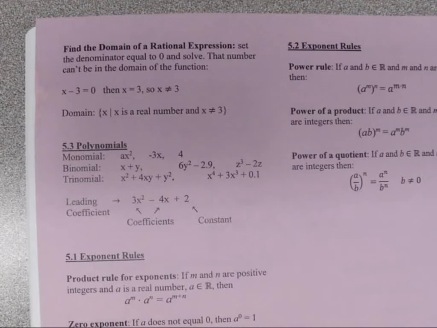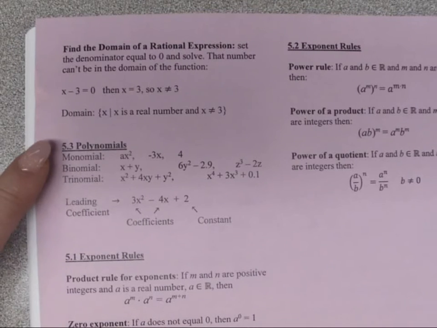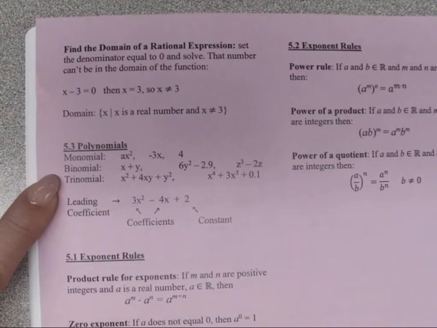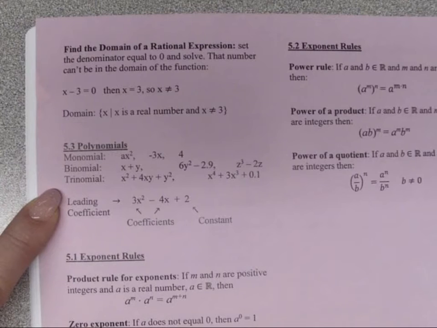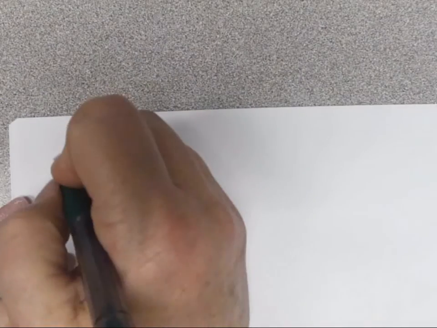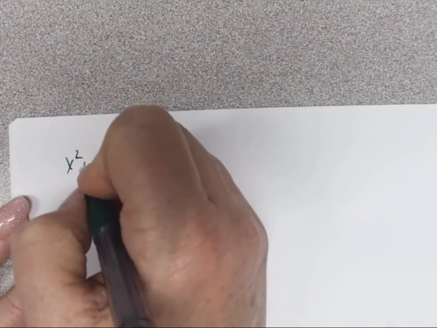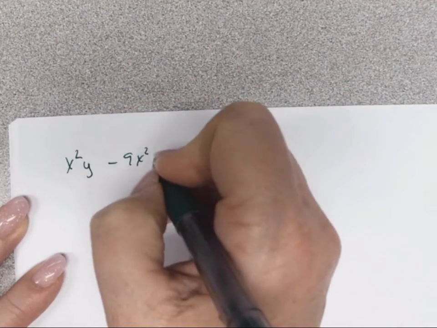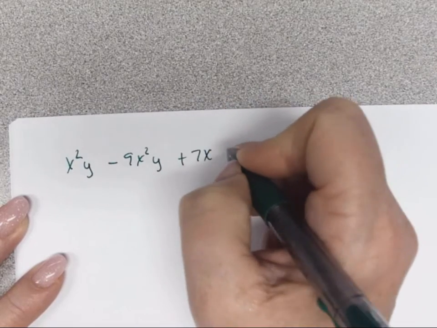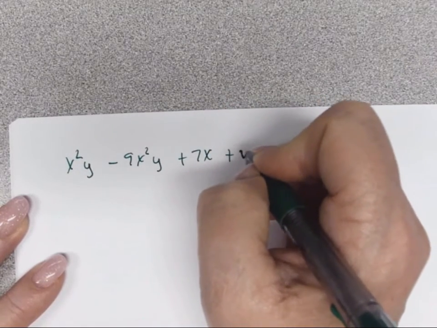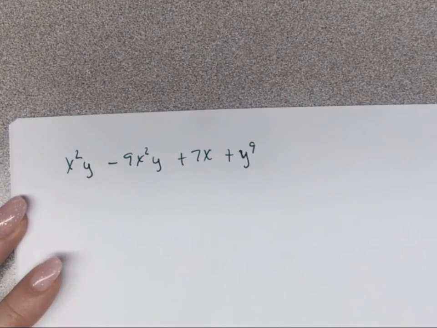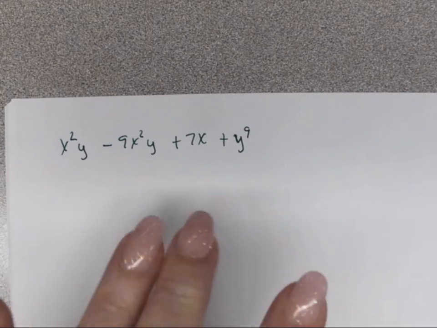So these are some things that you need to understand. We're going to look at some examples to see if they're monomials, binomials, trinomials, or something else. Because if they have more than three terms, they won't be any of those. So if we look at x squared y minus 9x squared y plus 7x plus y to the 9th, we have four terms.